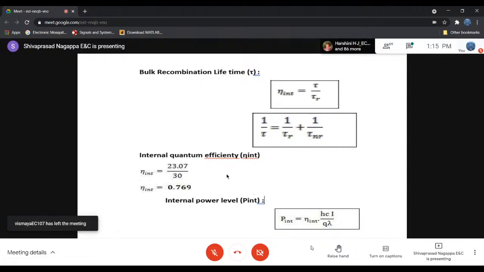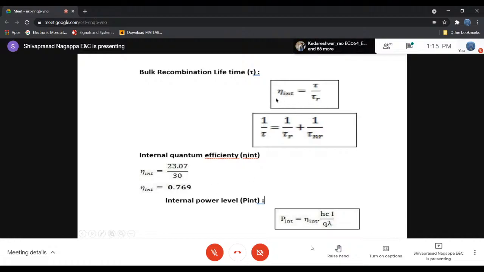Here also we will be calculating like this. This is the bulk recombination time: 1 by tau is equal to 1 by tau r plus 1 by tau nr. If you substitute, 1 by 30 plus 1 by 100 nanoseconds, you'll get somewhere around 23.07 nanoseconds.